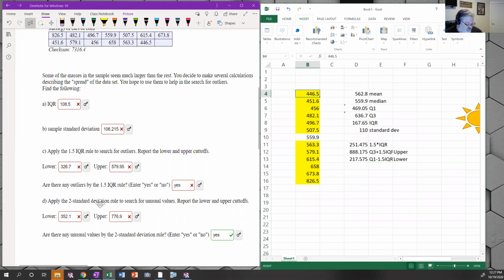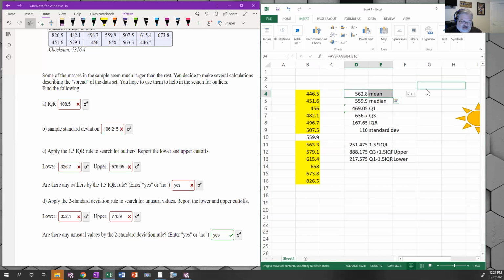Then the 2 standard deviation rule for unusual. Here we have to be careful because remember, the standard deviation rule isn't based on those outer quartiles. The standard deviation rule is based on the mean. Standard deviation and mean always go together. It's even a little bit emotionally difficult for me to see this mean and this standard deviation with all this position stuff in between.